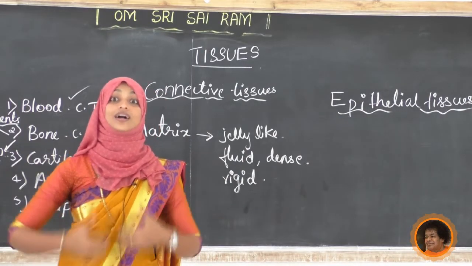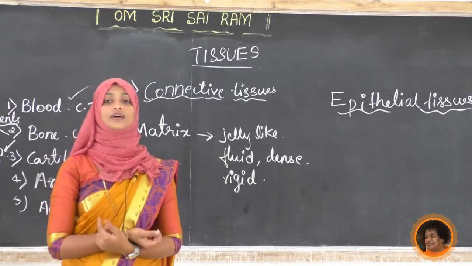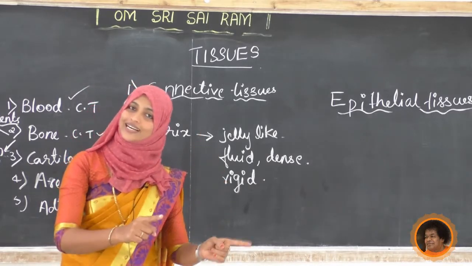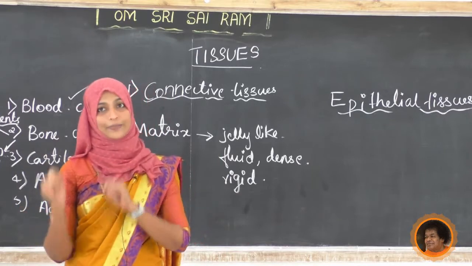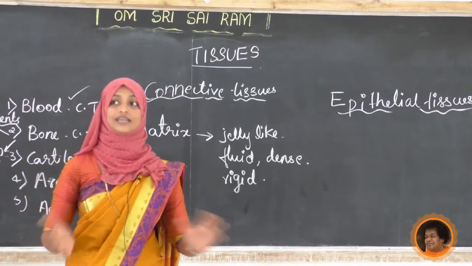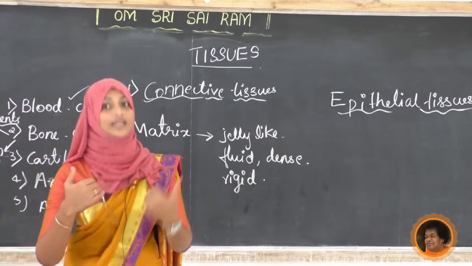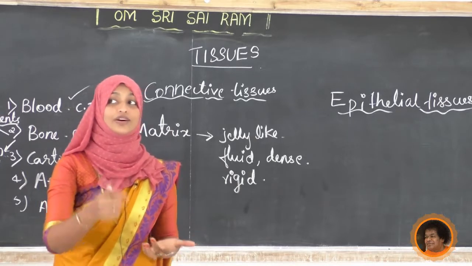Epithelial tissues cover most organs and cavities within the body. Come to know the difference. Connective tissues connect the different parts or organs, but epithelial tissues cover most organs and the cavities present in our body.